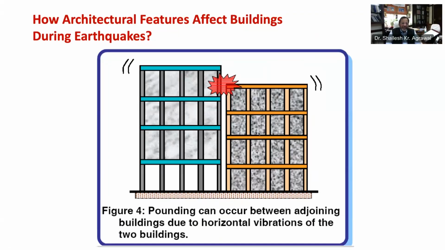Nevertheless, each of these choices of shape and structure has significant bearing on the performance of building during a strong earthquake. The damages during past earthquakes across the world have been very educating in identifying the shape and structural configuration that are desirable versus those which must be avoided.